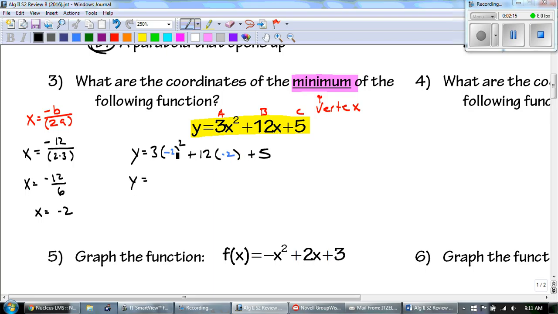Negative 2 squared is 4. 4 times 3 is 12. 12 times negative 2 is negative 24, plus 5. And when you do all that, you should get negative 7. So the vertex, the minimum point, is negative 2, negative 7.